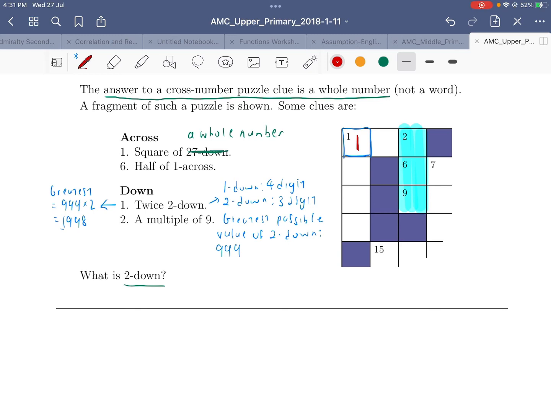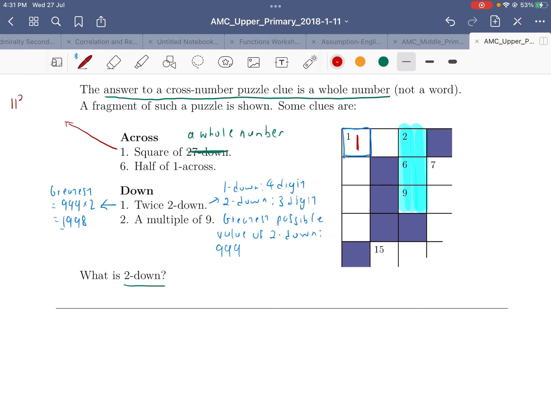Now, what's next? Let's take a look at 1 across now. 1 across is a square of a whole number. In this case, we can narrow ourselves down to 4 different possibilities according to our multiplication table.